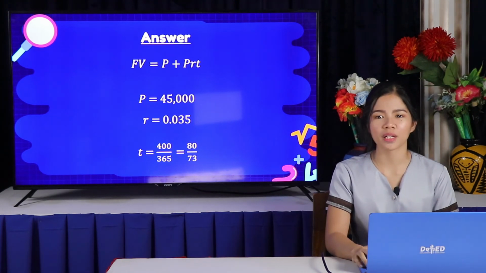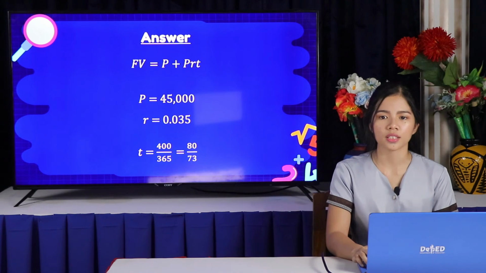We will use this formula to identify the interest while calculating the future value quickly. We have P is equal to 45,000, R is 0.035, and T is equal to 400 over 365, since there are 365 days in a year, or T is equal to 80 over 73.